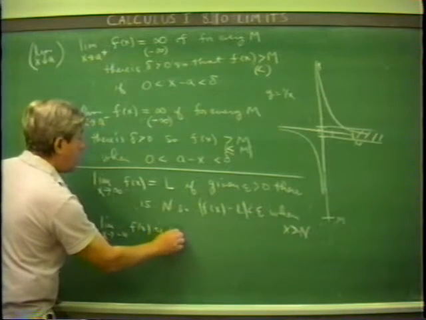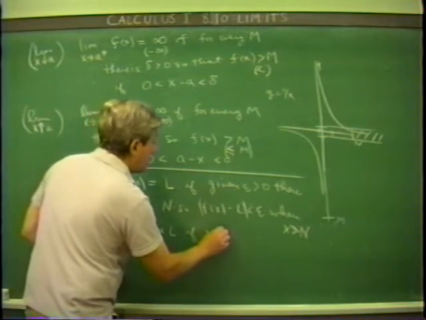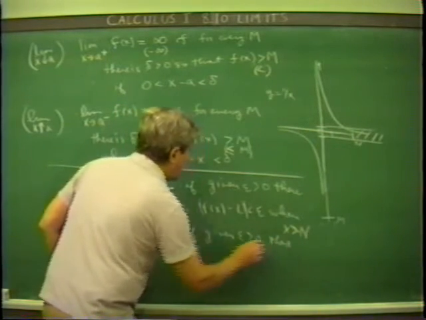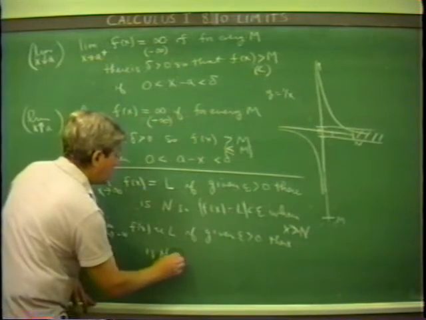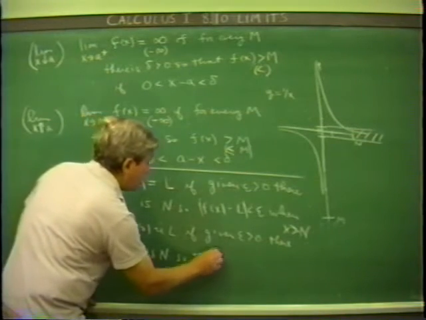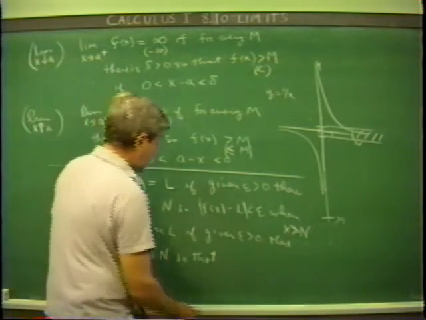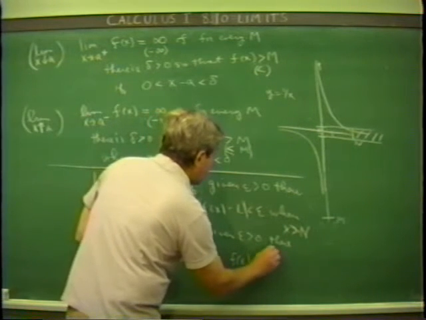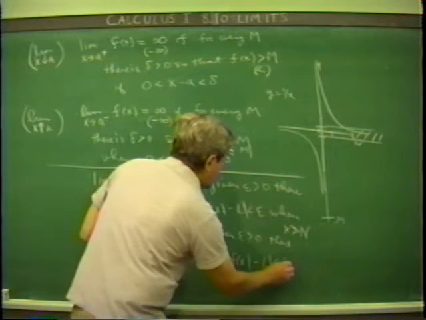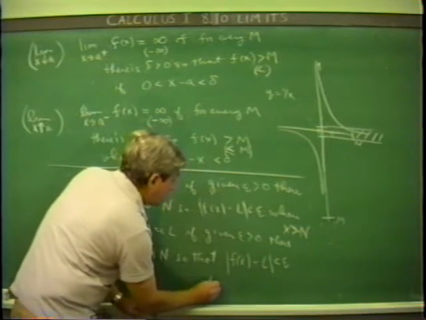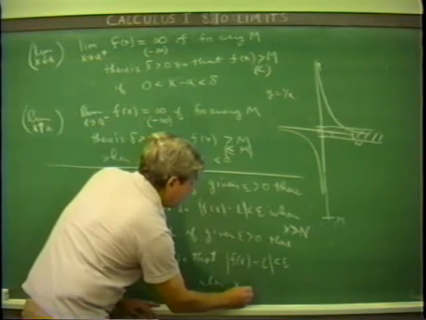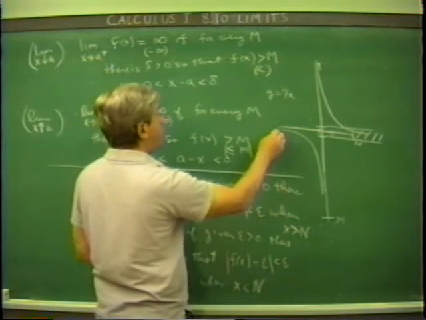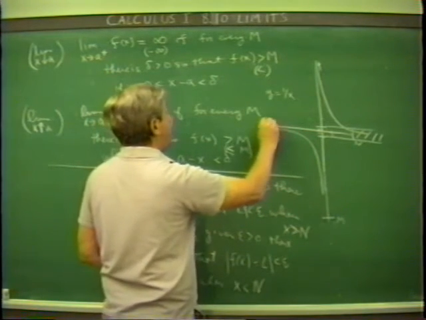The limit as x approaches minus infinity of f of x is L if, given epsilon greater than 0, there is an n so that the absolute value of f of x minus L is less than epsilon when x is less than n.